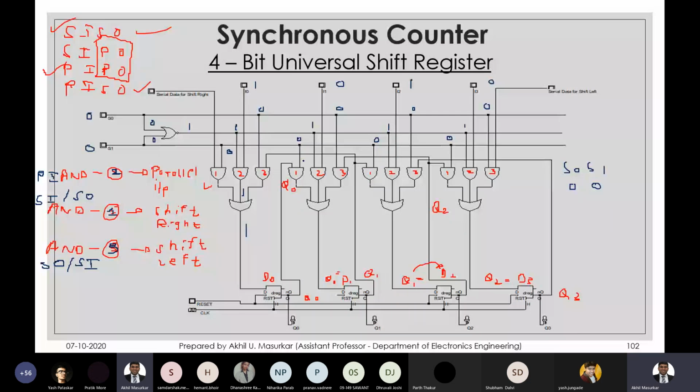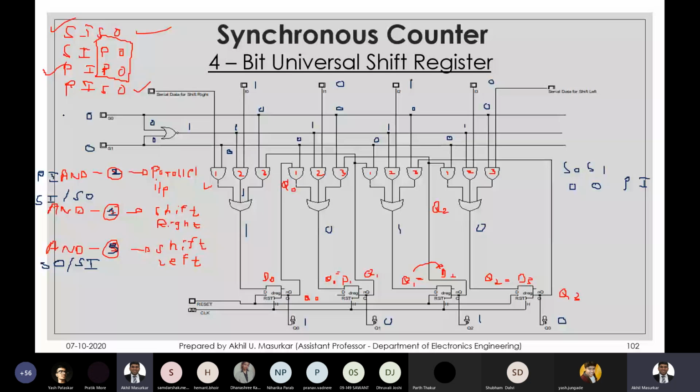Then 0 1 will give me 0, this will give me 1, and this will also give me 0. So the moment I clock, this 1 would come here, this 0 would come here, and this 1 and this 0 would come here. So basically this is a parallel in kind of operation. So you can use this combination for parallel in.